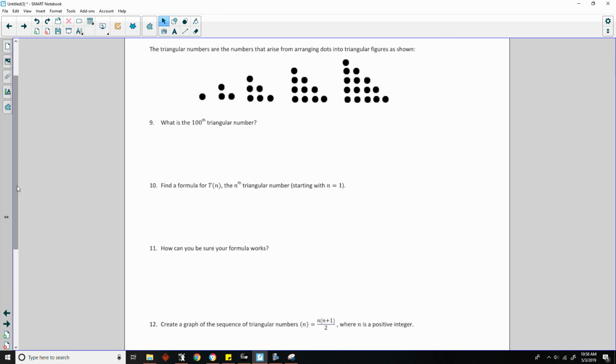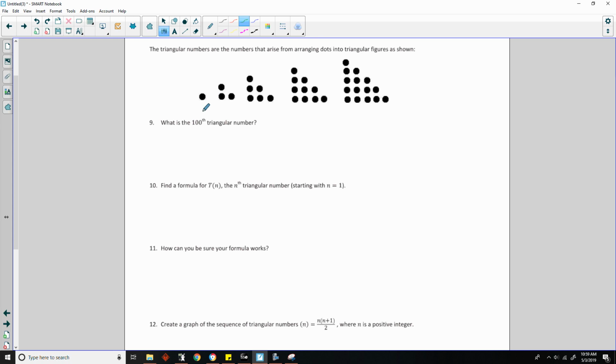Now the triangular numbers are the numbers that arise from arranging dots into triangular figures as shown. What is the 100th triangular number? Hopefully you worked this on your own, but what I would do is count rows by columns.